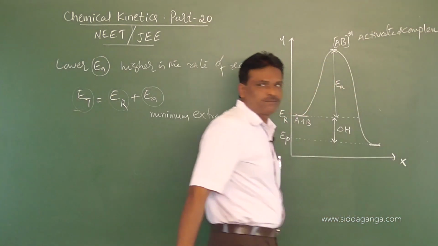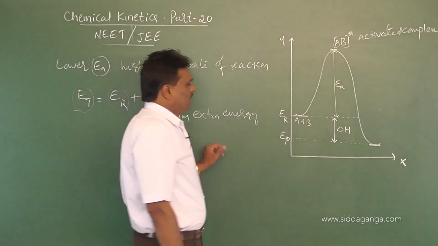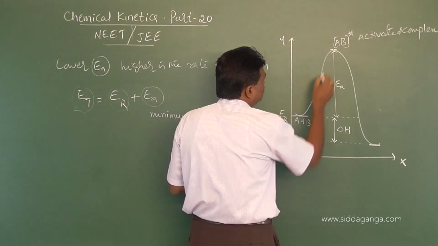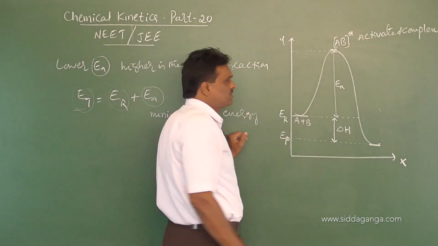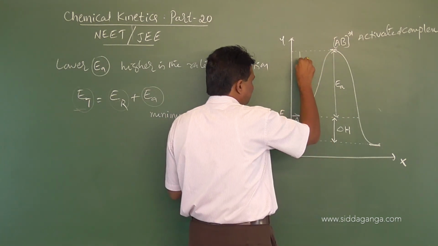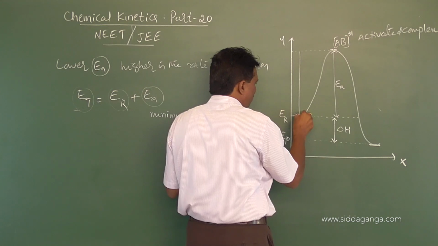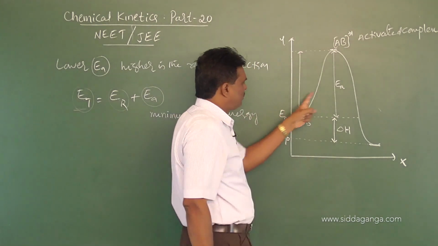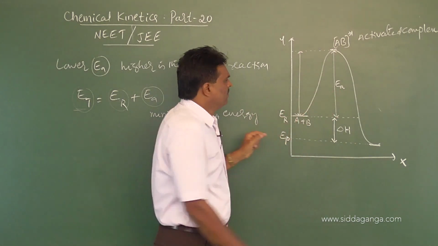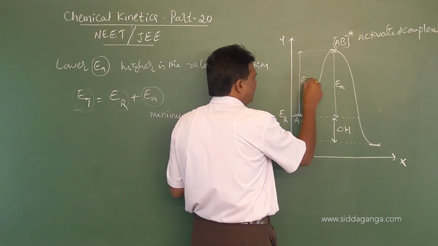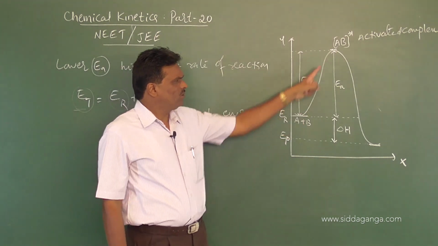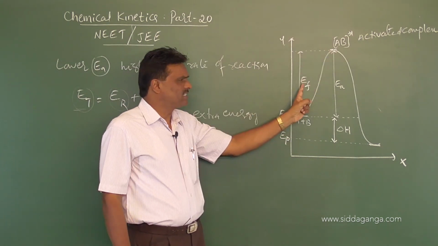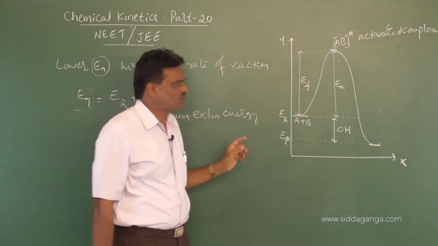The reactants to the activated complex are the intermediate transition state. This height becomes equal to the activation energy, and it is also called the energy of activation for the forward reaction.